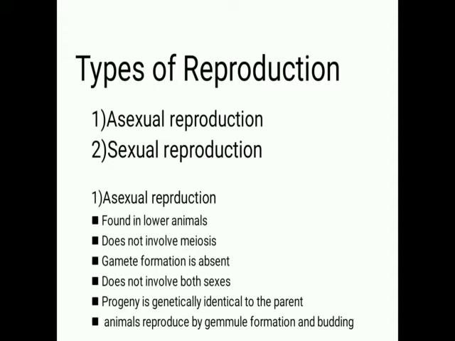Both parents do not take part in this type of reproduction, so called asexual reproduction. The progeny obtained by this type of reproduction is genetically identical to their parent, so called clones. The lower animals reproduce asexually by gemmule formation, budding, regeneration, etc.